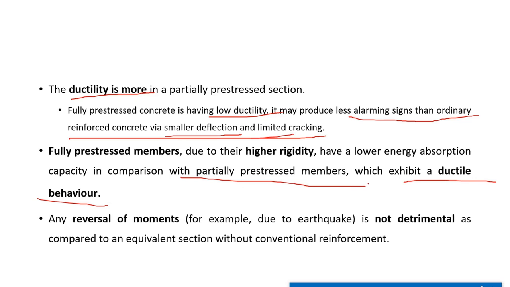And the next point is the reversal of moments. For example, if an earthquake occurs, in the case of a partially prestressed section, if there is reversal of moment, this is not detrimental as compared to an equivalent section without conventional reinforcement. So these are the advantages of a partially prestressed section.